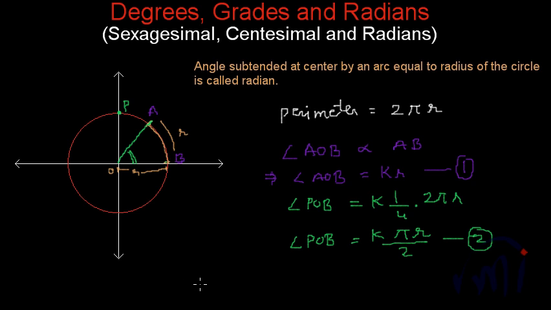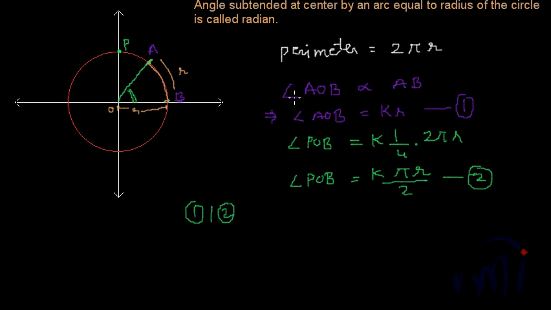Right? And if I do equation number 1 by equation number 2, we are going to get the ratio of angle AOB, which is the angle subtended by the arc equal to the radius of the circle, to a right angle, because angle POB is a right angle. So angle AOB divided by angle POB will be equal to KR divided by K pi r by 2.